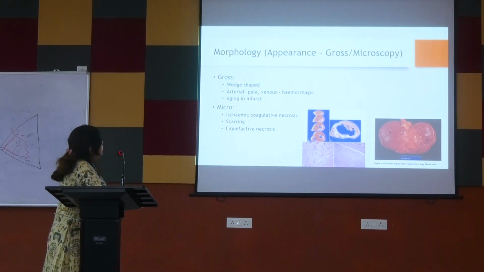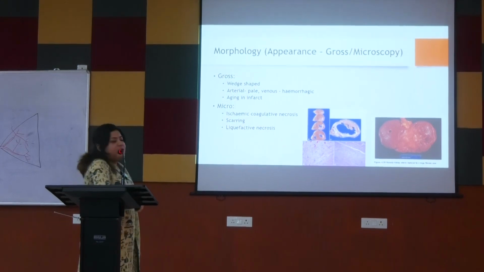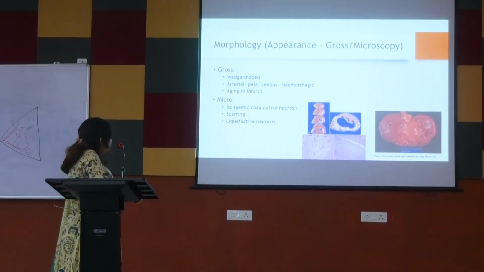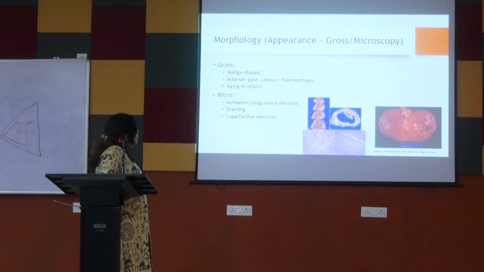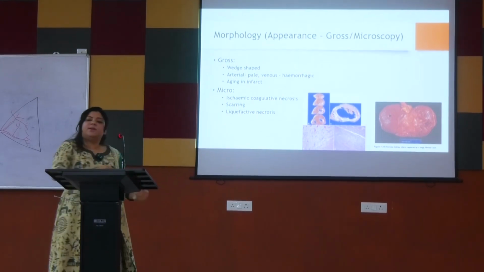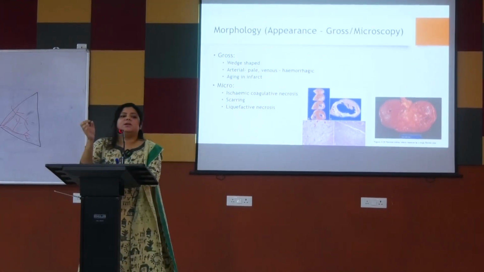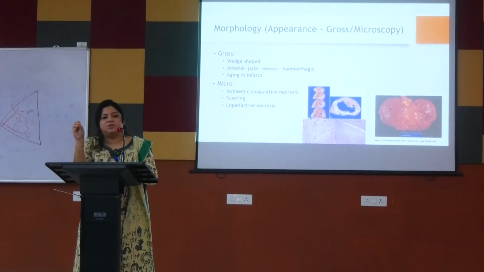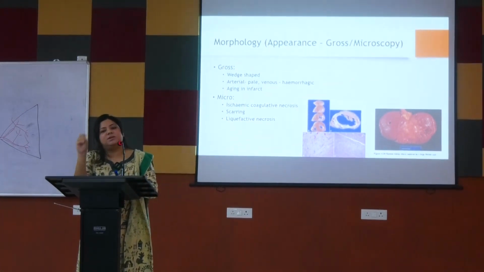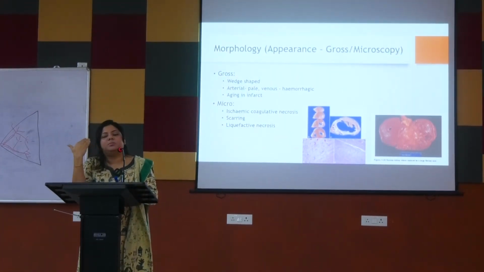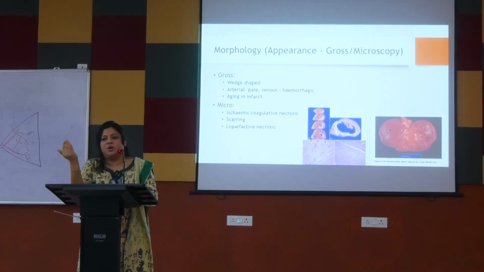Right, so morphology. Gross, it will be wedge shaped. I've already explained wedge shaped. Arterial pale, venous hemorrhagic. This I've also already explained, that there is an arterial infarct. So there will be cessation of blood flow and the appearance will be red infarct.